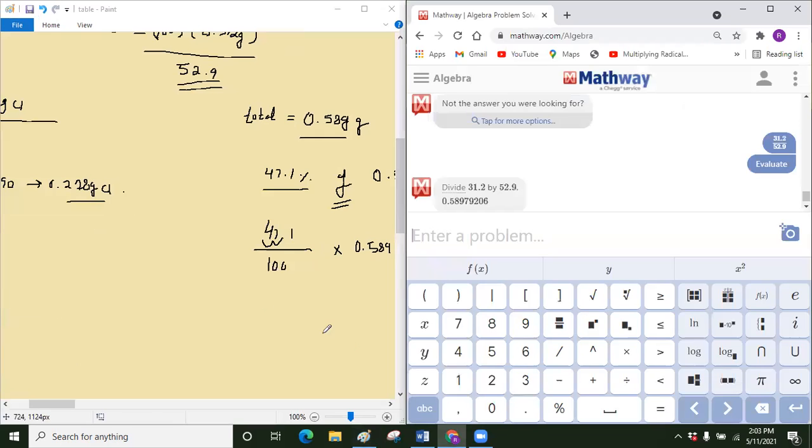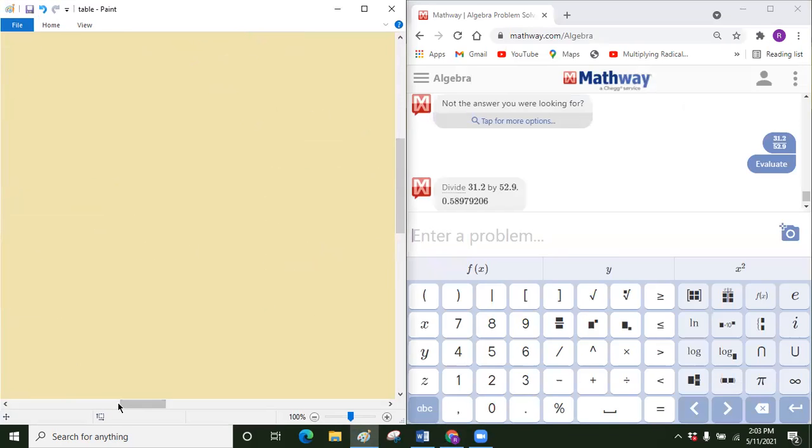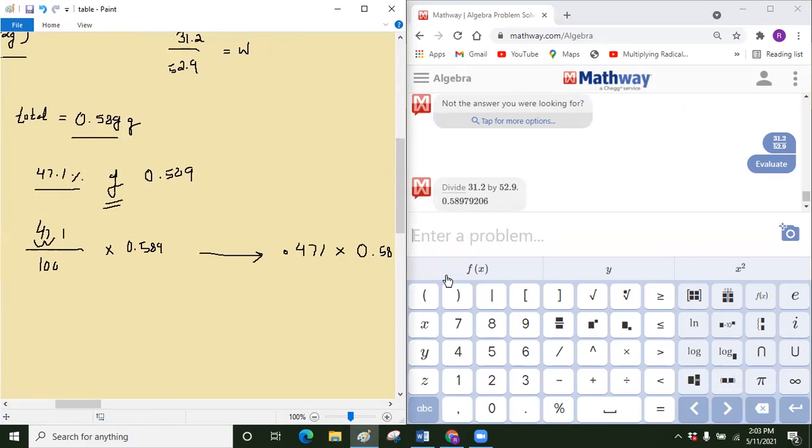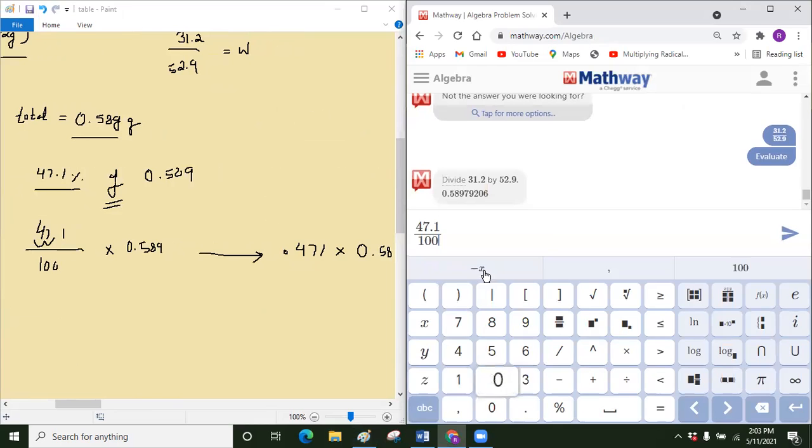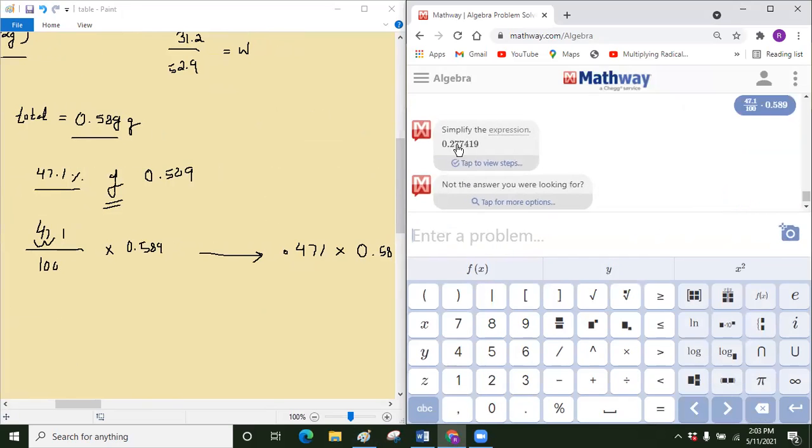So if I were to take 47.1 divided by 100, and multiply that by 0.589, then in this case, I would get 0.278 if I were to round it.